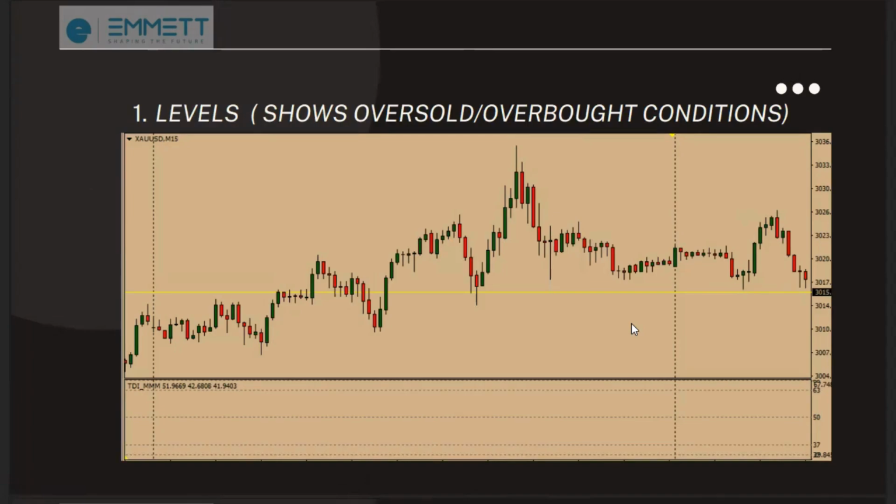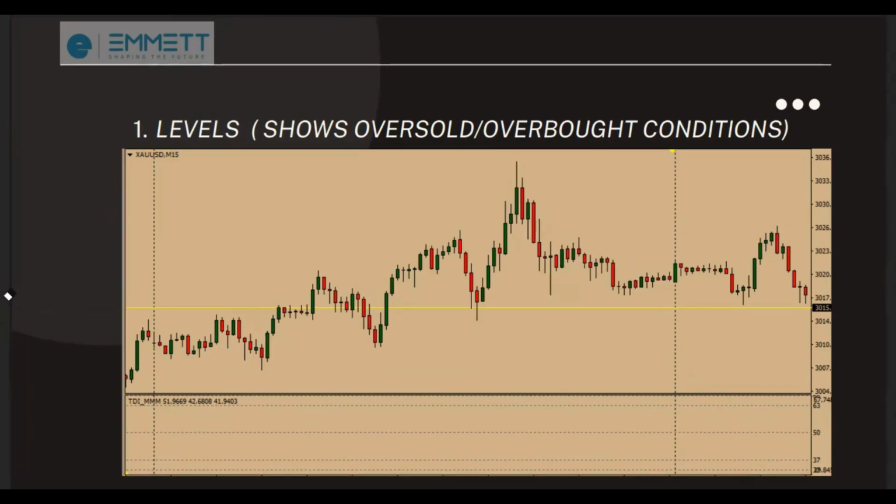Number one, a TDI has something we call levels. When you install your TDI, usually it comes with these levels here. Here we have level 63 and 67, then we have level 50, and we have level 37 and 32.